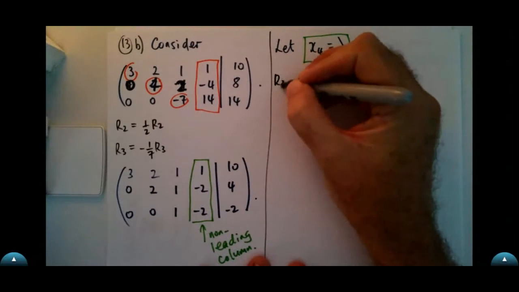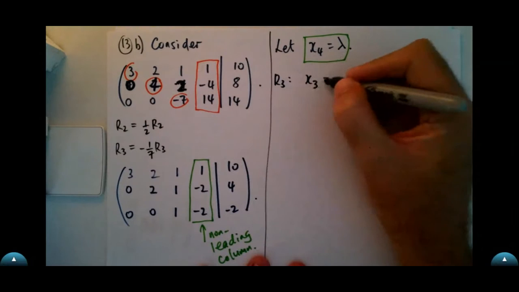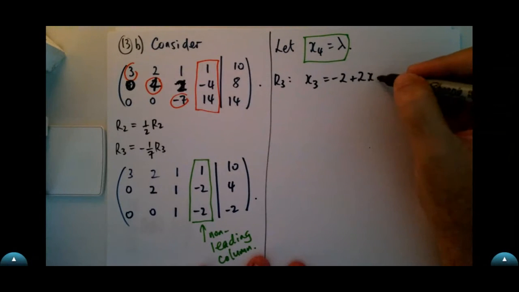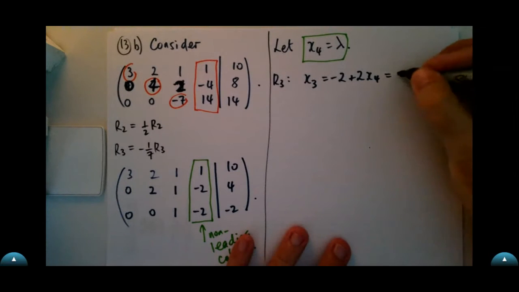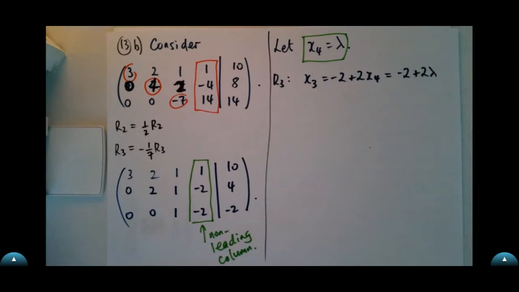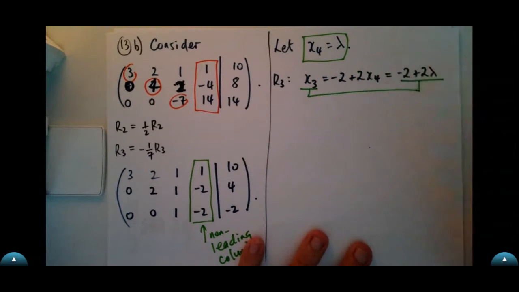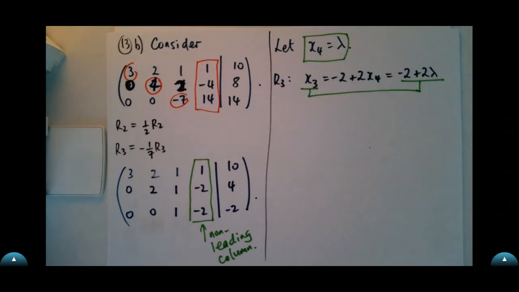So I can use that, if I just rearrange it, to get this. Okay, and so I know that I've let lambda be x4, so I can just come up with this. So I've expressed x3 in terms of this parameter.